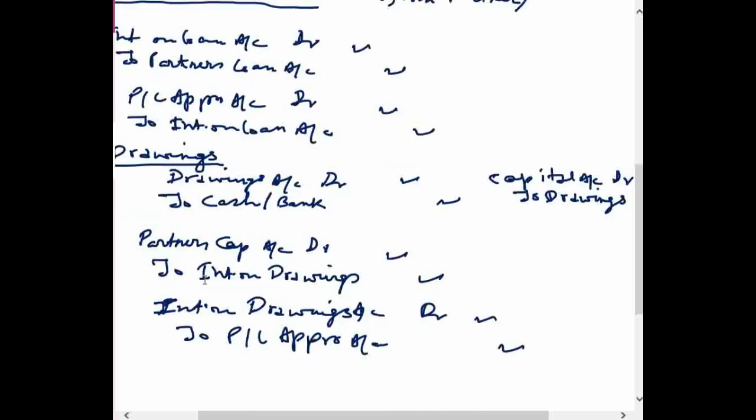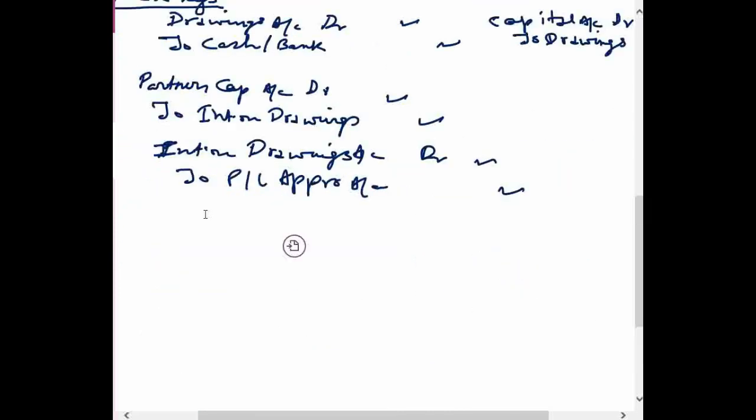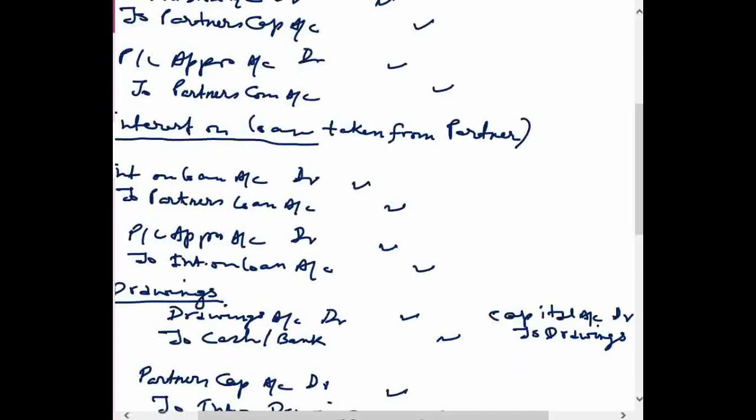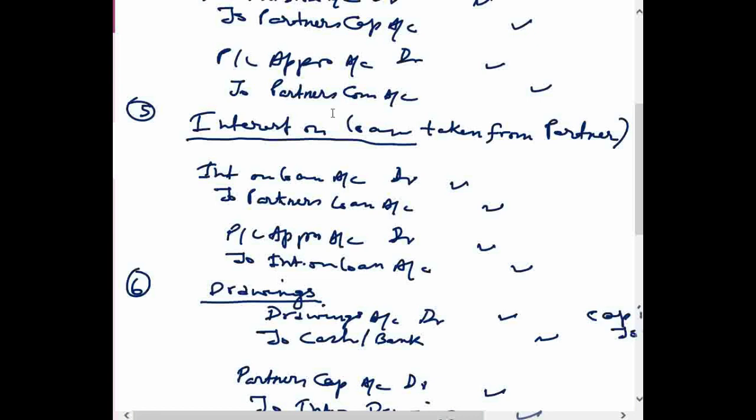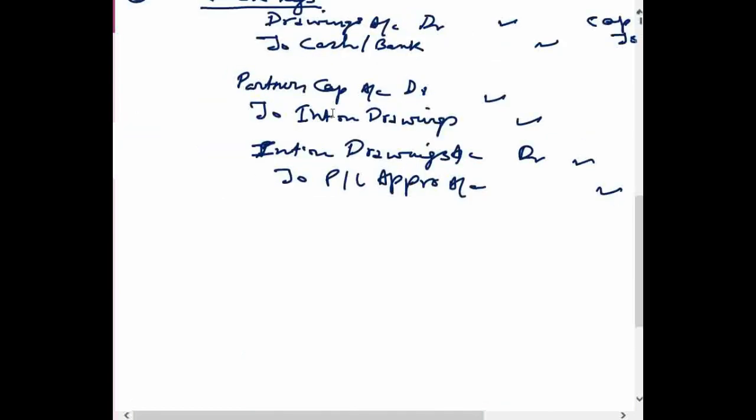Then we come back to our last entry, entry number 7: the share of balance of profit among the partners. What remains is the share of profit distributed among the partners.